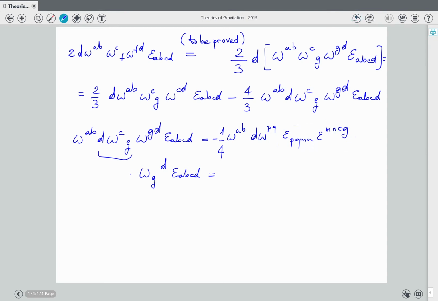And now we proceed as before, because we have two epsilons with one contracted index, and we can evaluate them by means of the determinant of delta tensors. So minus 1/4 omega AB d omega PQ omega GD.